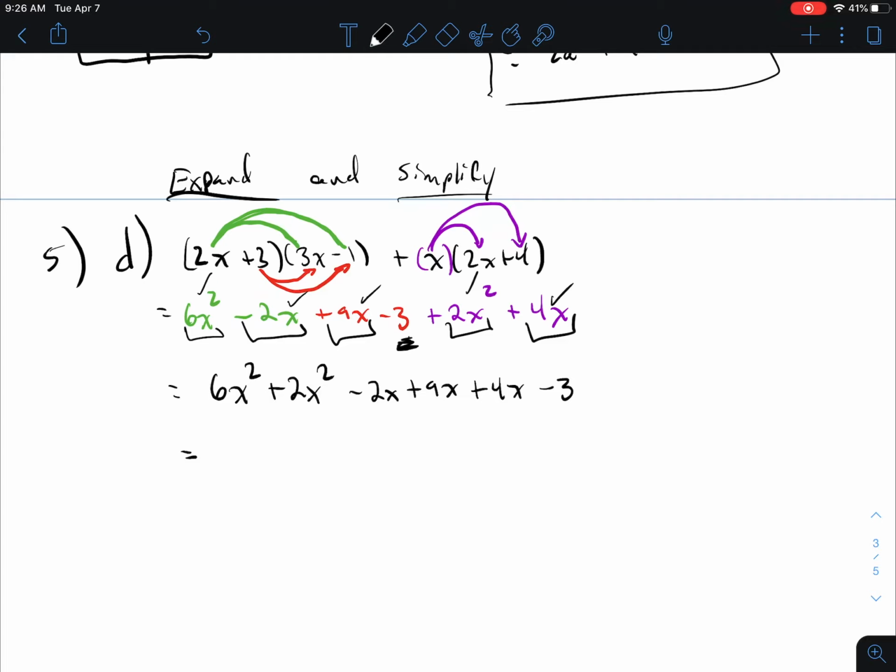Then I'm just going to start doing the math on it. 6x squared plus 2x squared is going to be 8x squared. And then negative 2x plus 9x is going to be 7x, plus another 4x.